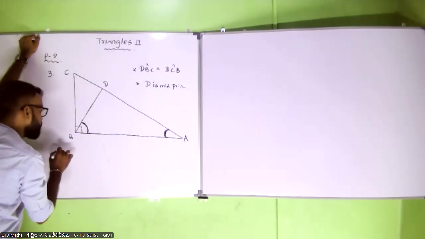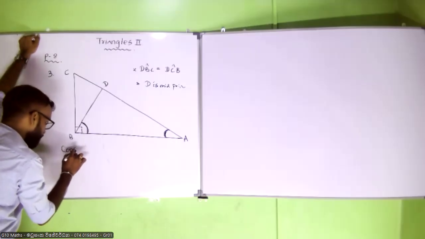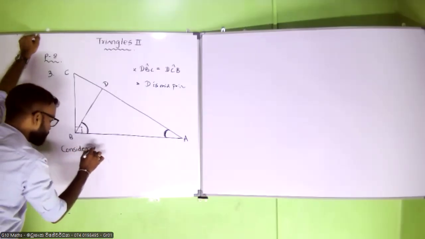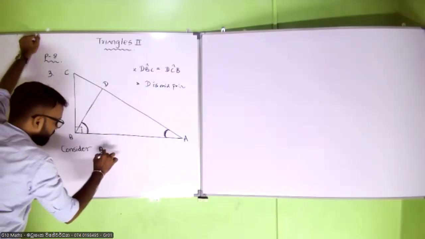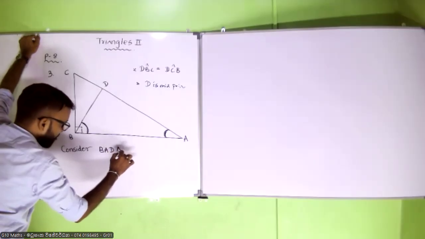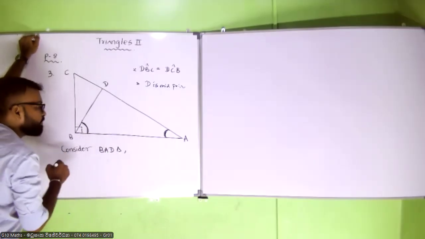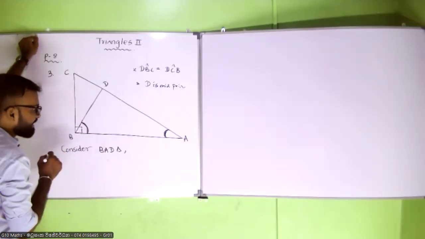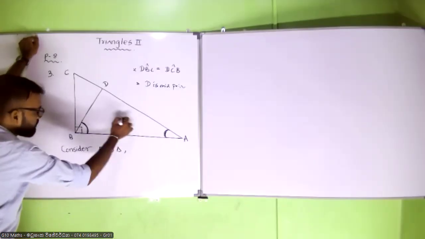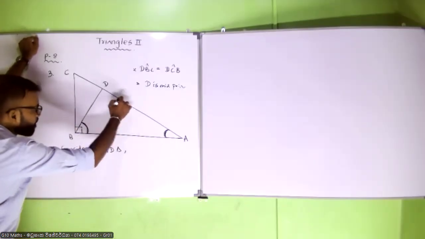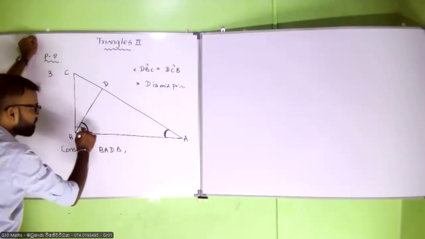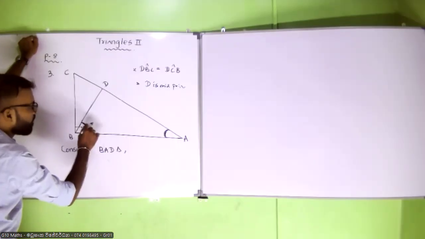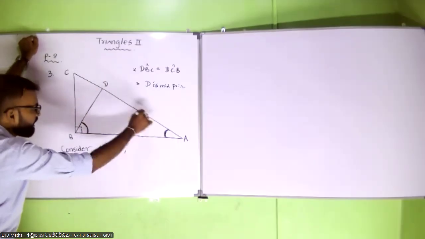Consider BAD triangle, by using this BAD triangle, I can directly say opposite sides of equal angles are equal, BD and AD.